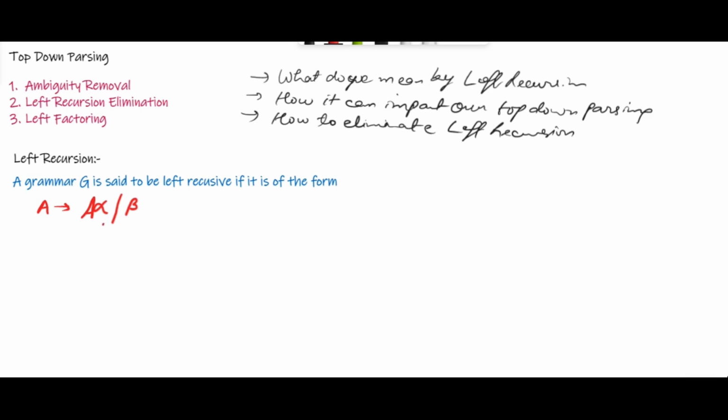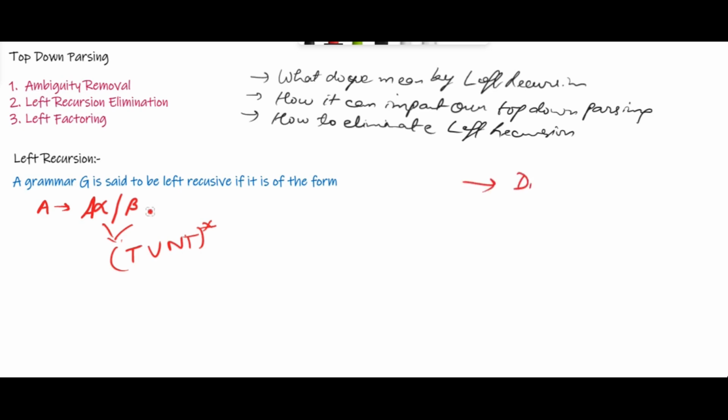Here alpha and beta are just combinations of terminals and non-terminals. The only thing here is that the first symbol of your production is the same non-terminal for which you are writing the production. Now, considering this fact, there are two types of left recursion possible.